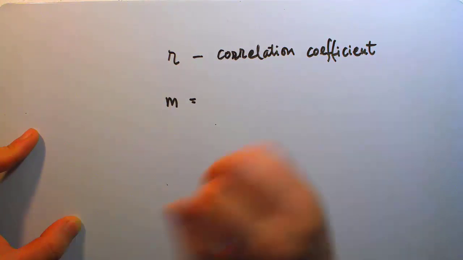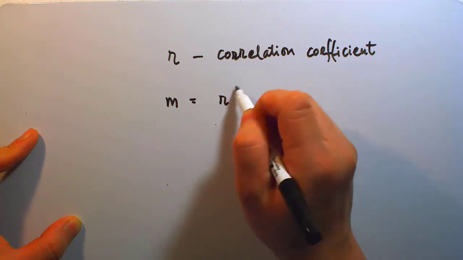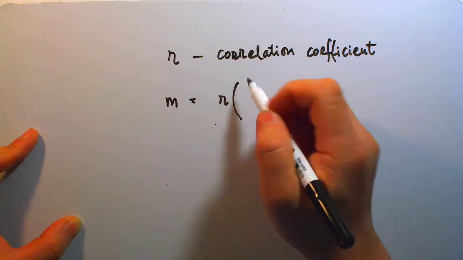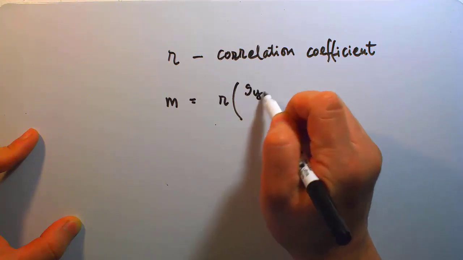So the slope formula depends on the correlation coefficient in the formula that I'm giving right here, and here it's s_y over s_x.